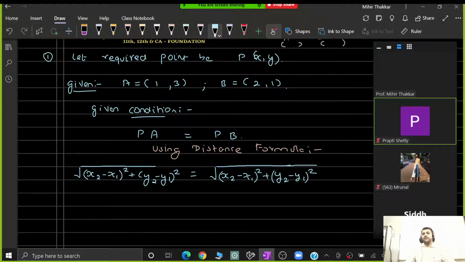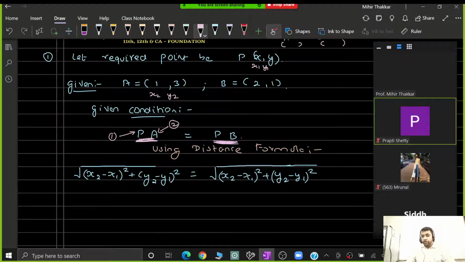Now guys, one very important point that we have to remember over here, looking at PA and PB, I can understand P is the first variable or the first point, A is the second variable. Therefore, P values will be considered as x1, y1. A values will be considered as x2, y2 when you are working for PA.